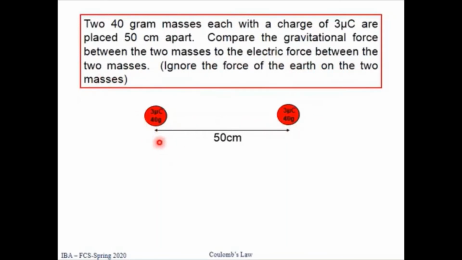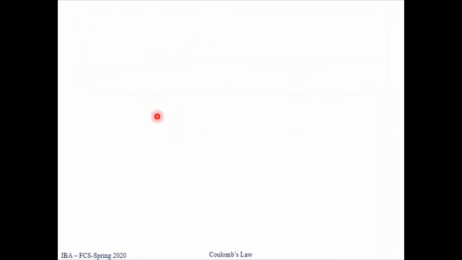The masses are 40 grams with a distance between them of 50 centimeters, and the two charges have 3 microcoulomb each, and the microcoulomb means 10 raised to the power minus 6 coulomb.